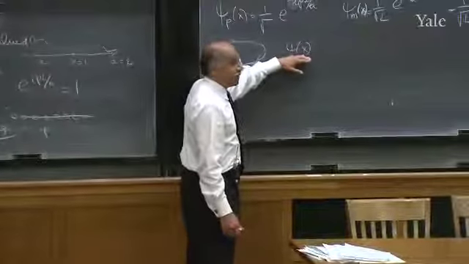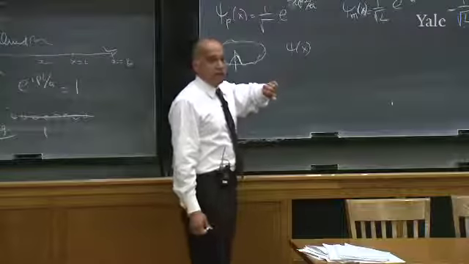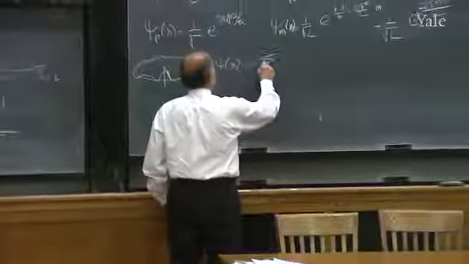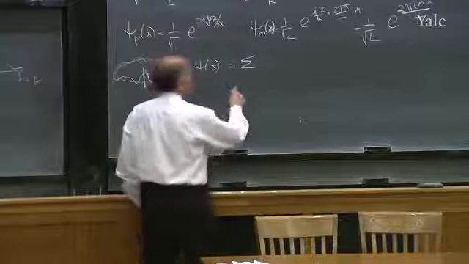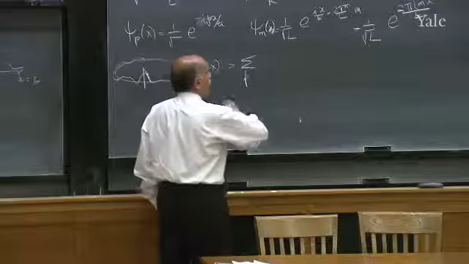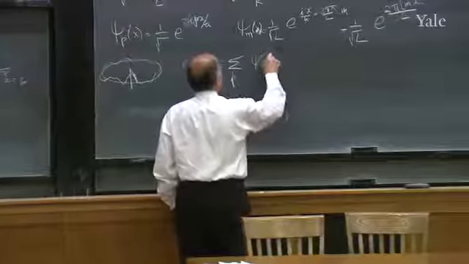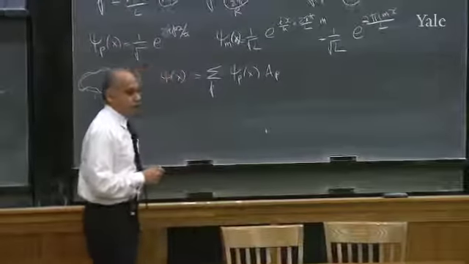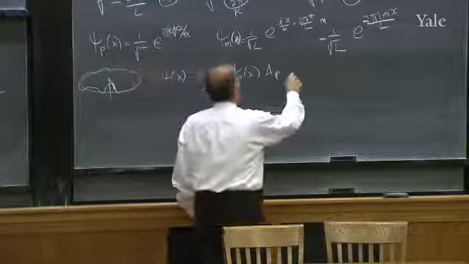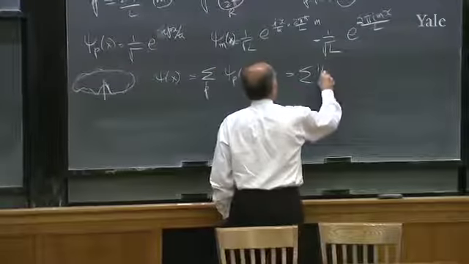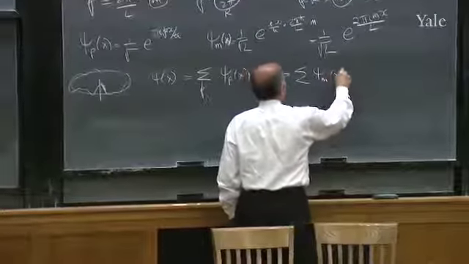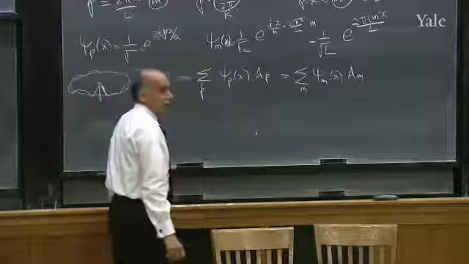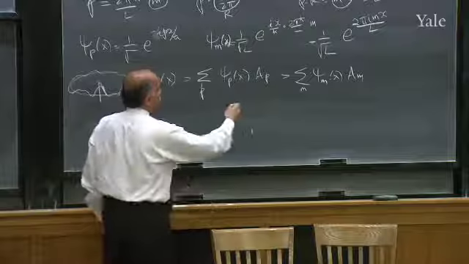That answer is actually contained in the same function psi of x in the following fashion. Take this function psi of x and write it as a sum over p of these functions psi_p of x with some coefficient a_p. I can also write it equally well as the same function labeled by an integer m, and I want to call the coefficient a_m. They are exactly the same thing. p and m are synonymous.